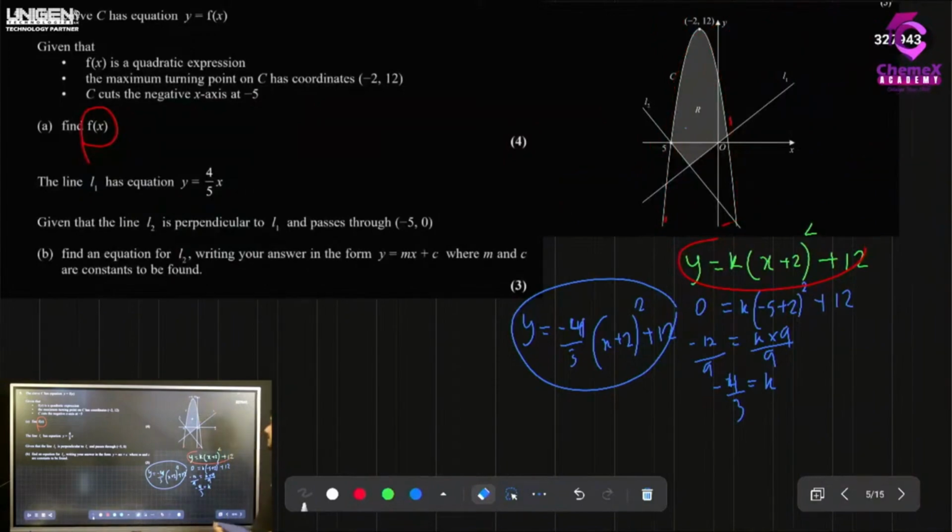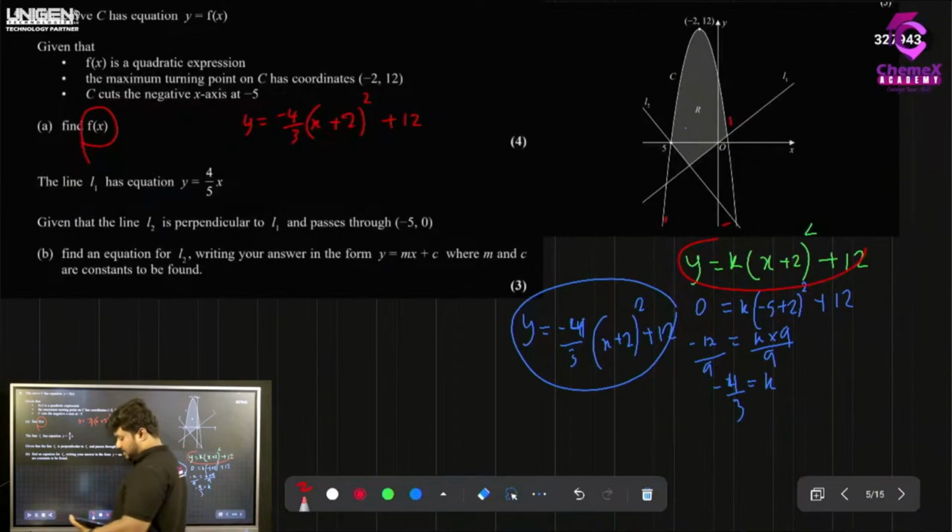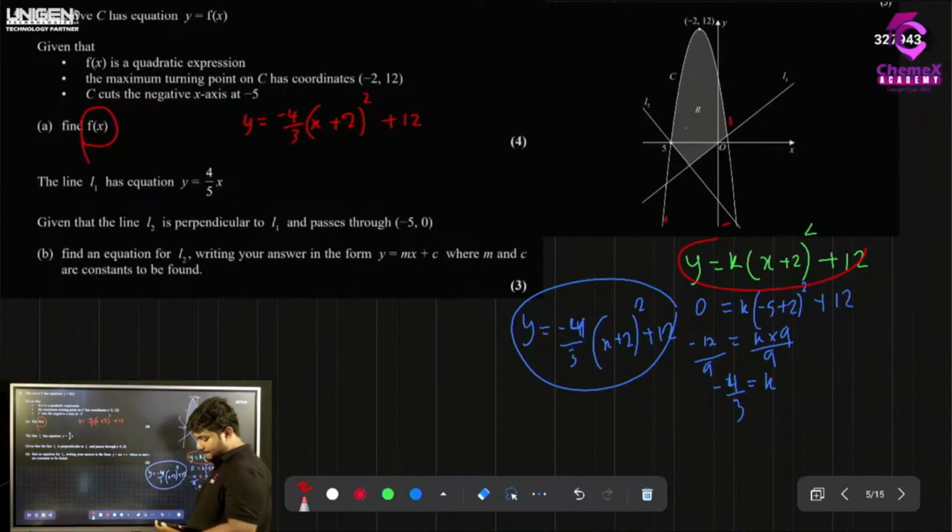Okay, so that's the equation of the first part. I'll write it here. So what's the equation? y is equal to minus 4 over 3, (x plus 2) squared plus 12. If you expand it, what do you get? If you write like that, you get marks.